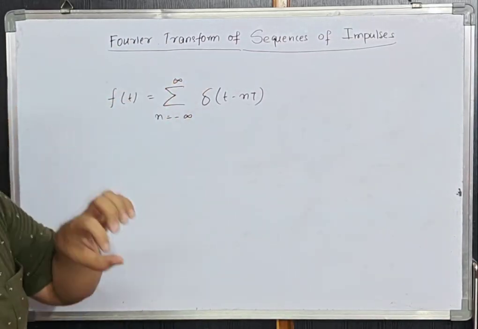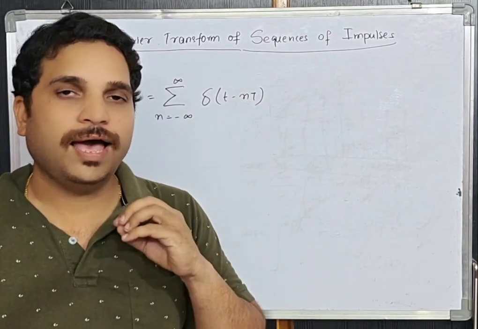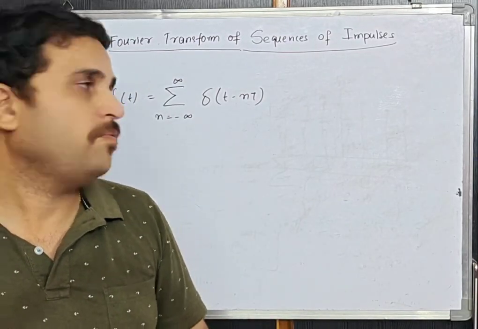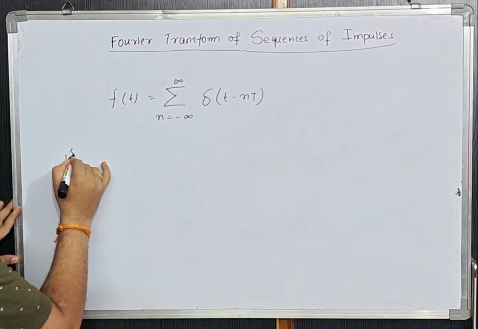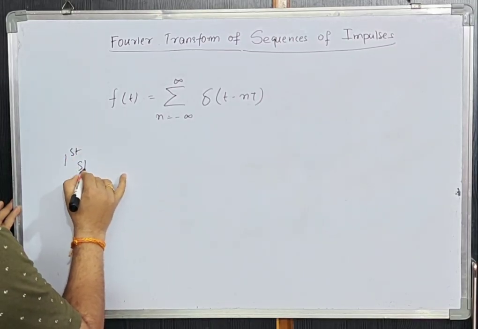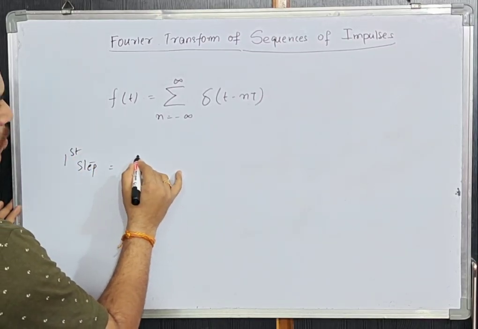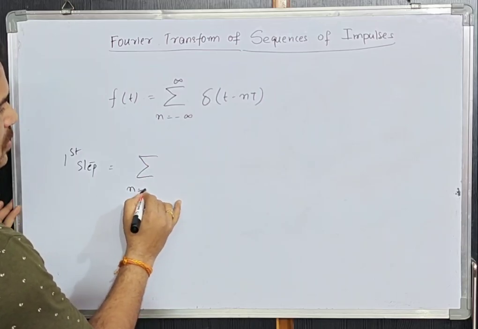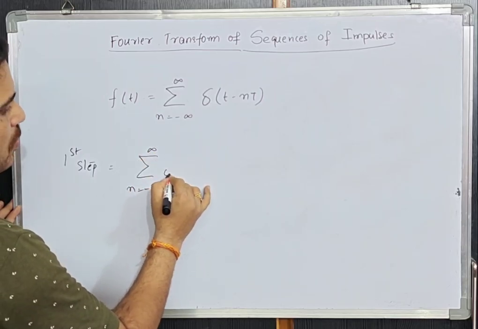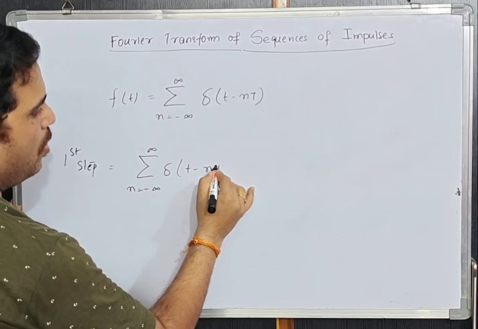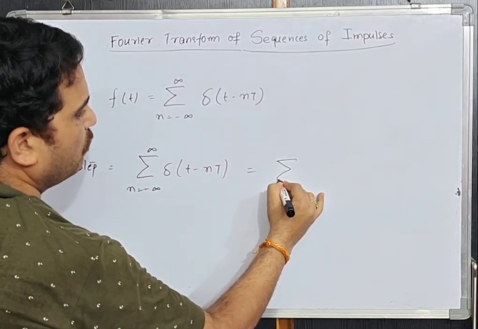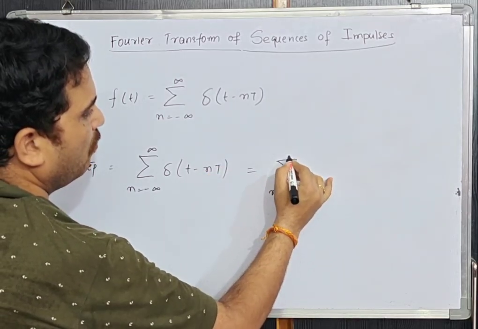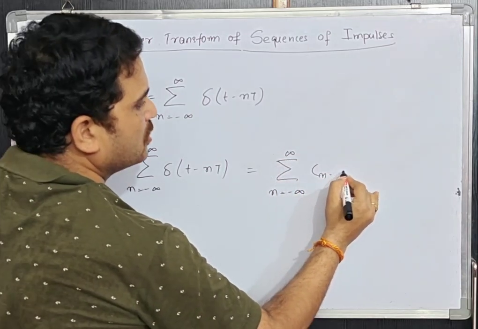So first we will represent this function as a Fourier series. That is, the first step is finding this impulse train as a Fourier series, a summation of complex exponentials.